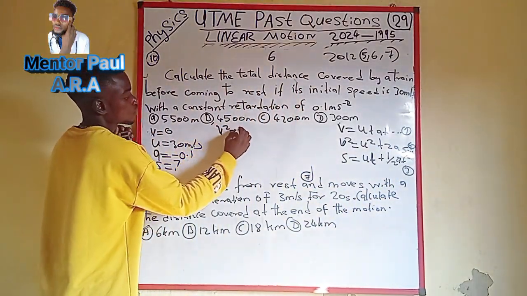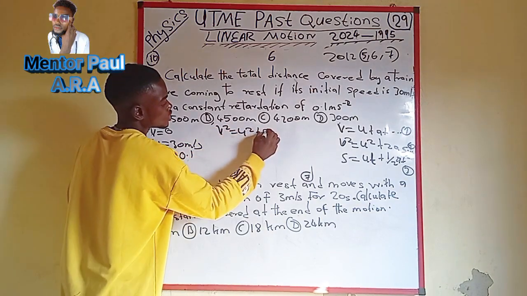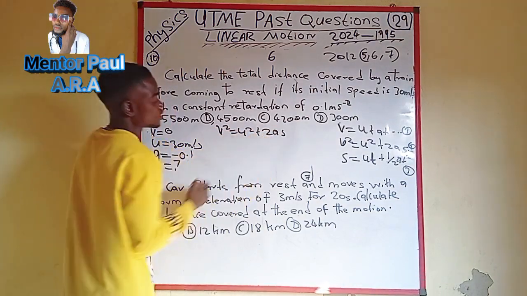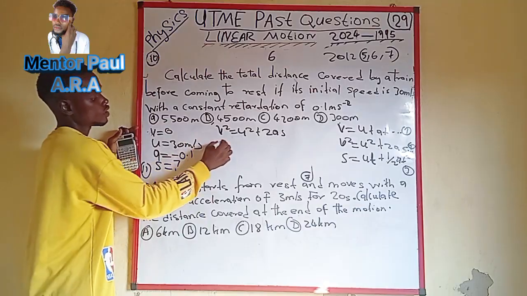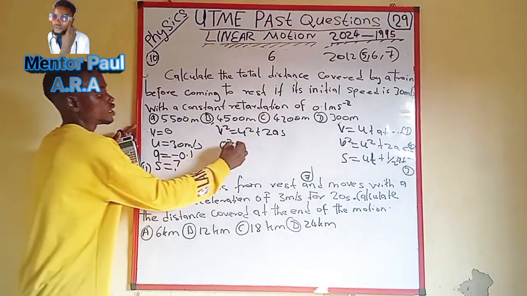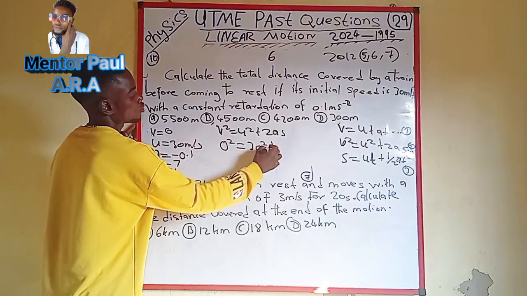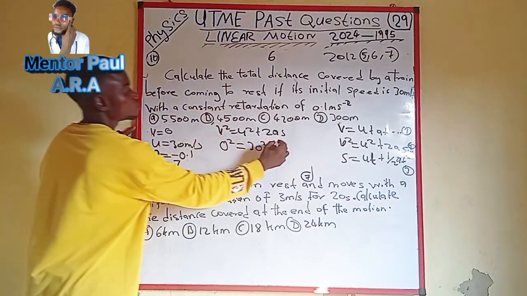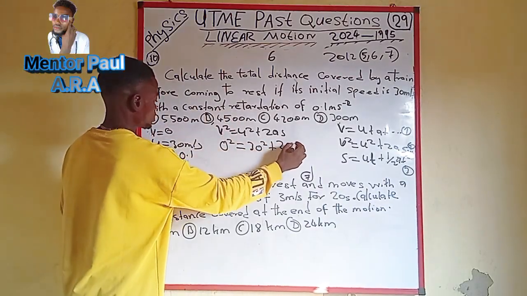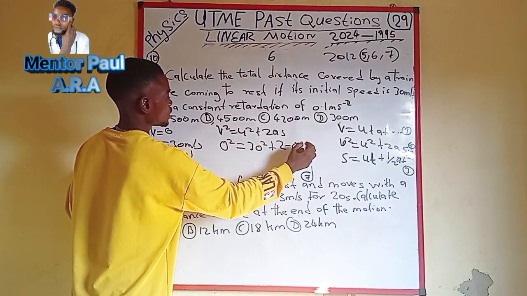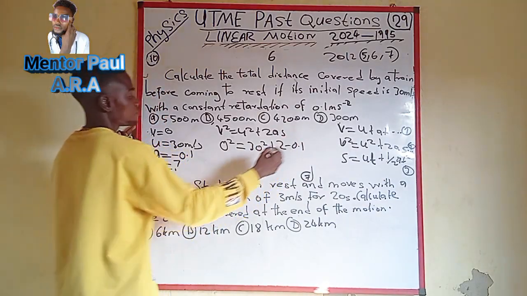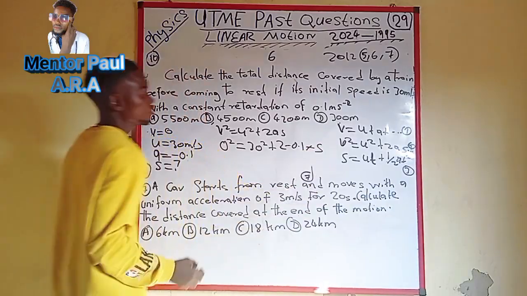Hence, v squared equals u squared plus 2as. The v, which is the final velocity, is 0 squared, equals u, which is 30 squared, plus 2 multiplied by minus 0.1 and then multiplied by s, which is what I am looking for.